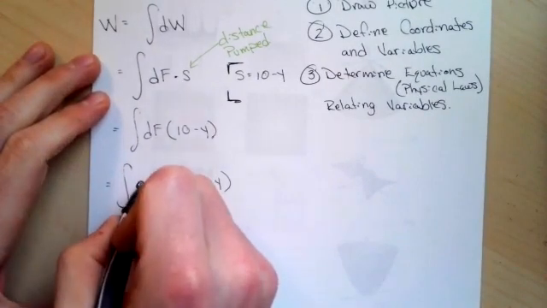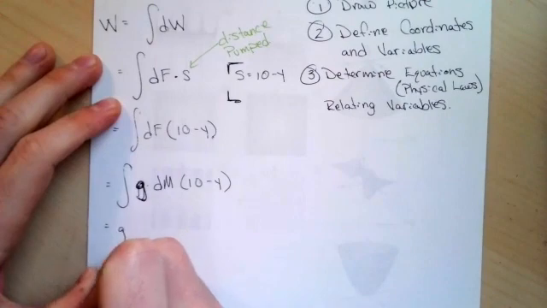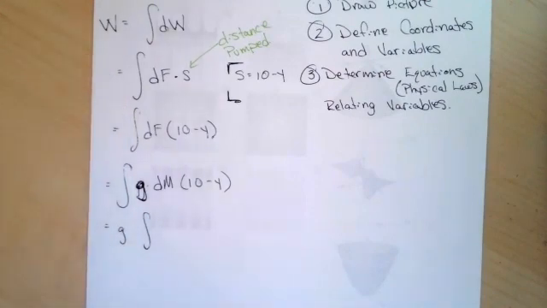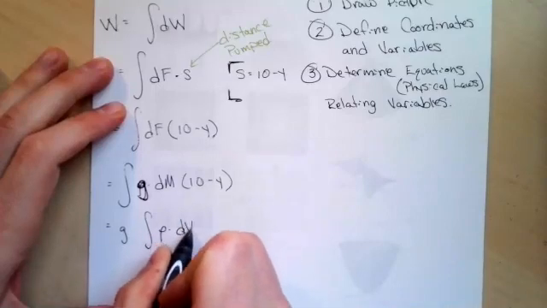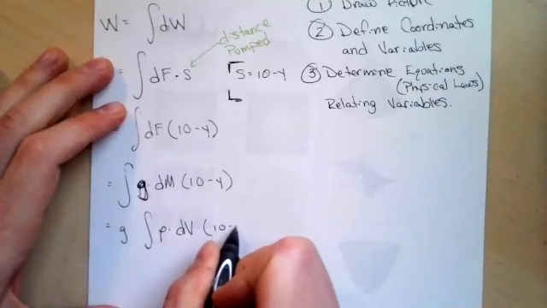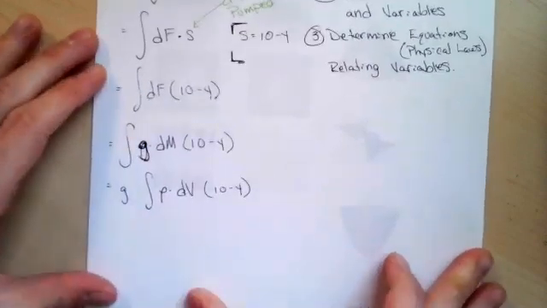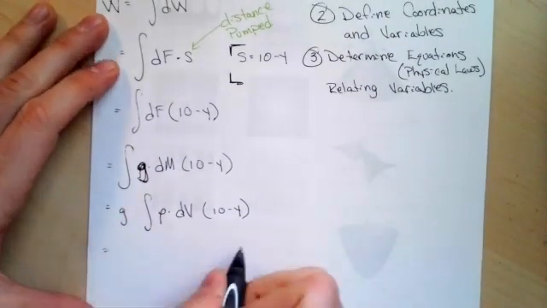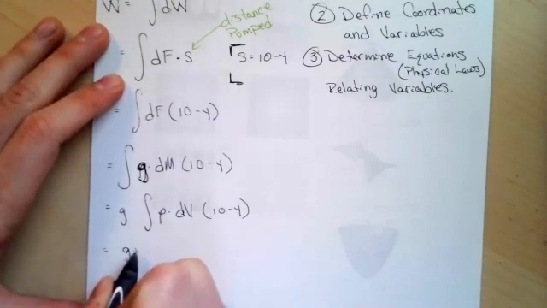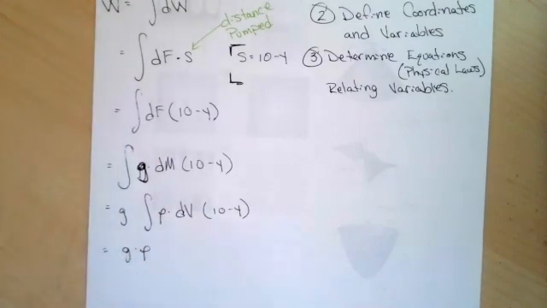So this should be a g here. And then what is the mass? The mass is the density times the volume. Gravity and density are both constants. We'll talk about those at the end.